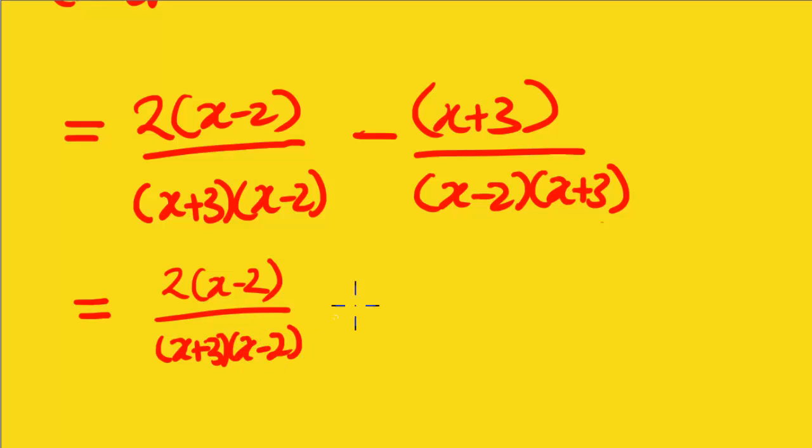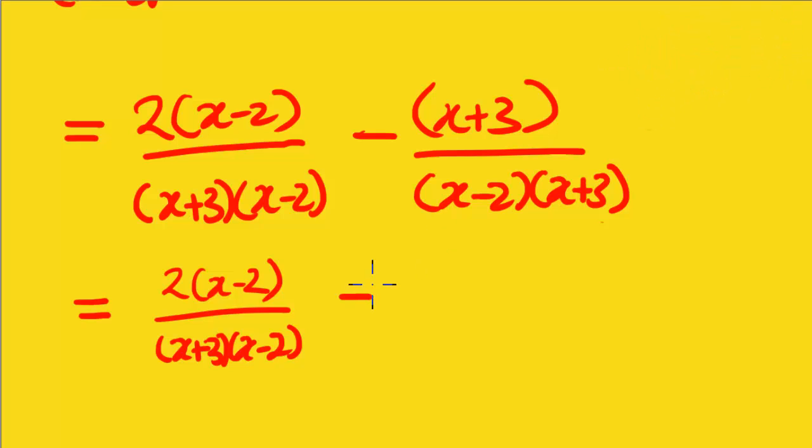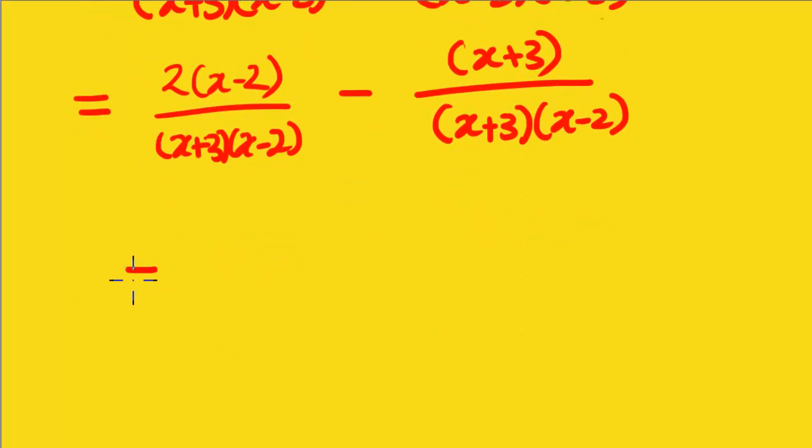Another way to say it is a times b is the same thing as b times a. You need to know this in case you didn't know. So x minus 2 times x plus 3, this denominator here, is the same thing as x plus 3 times x minus 2. So now you can see that the denominators are exactly the same.